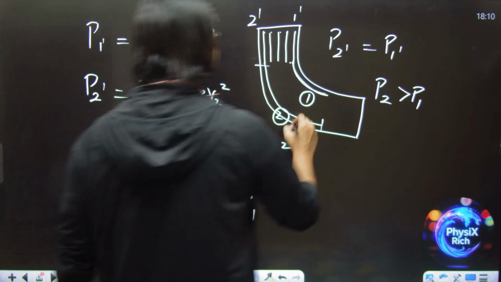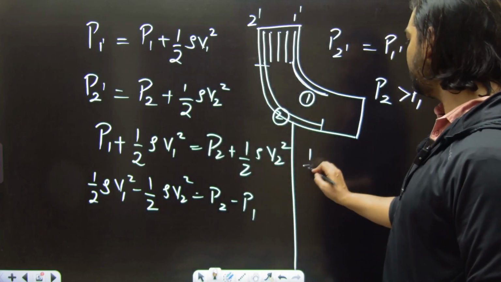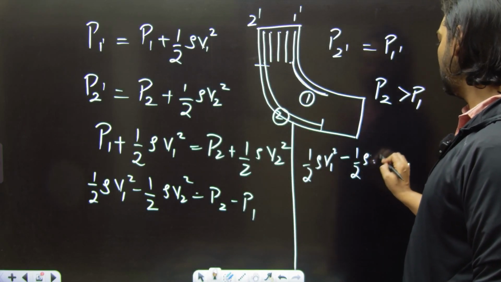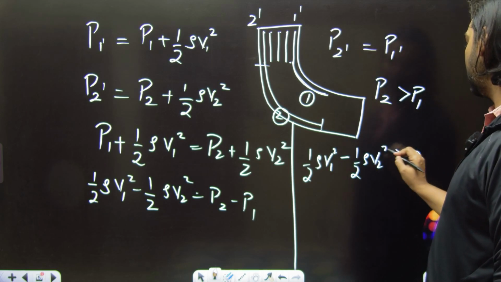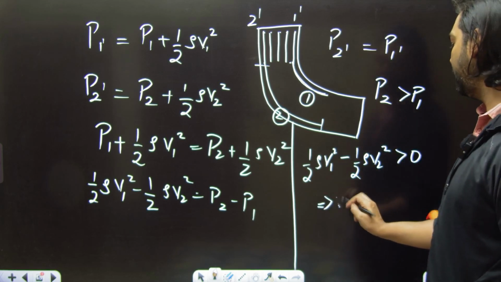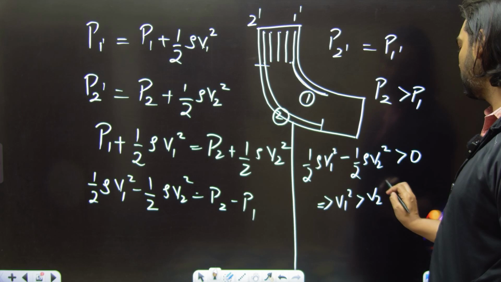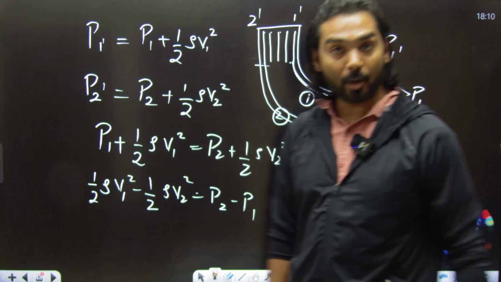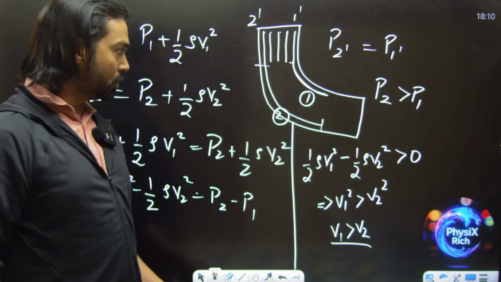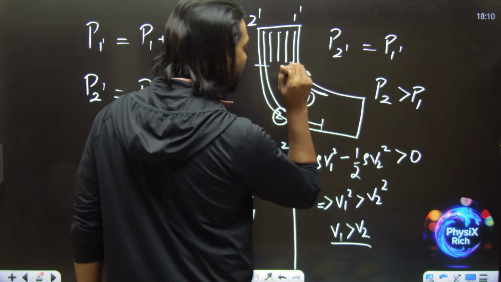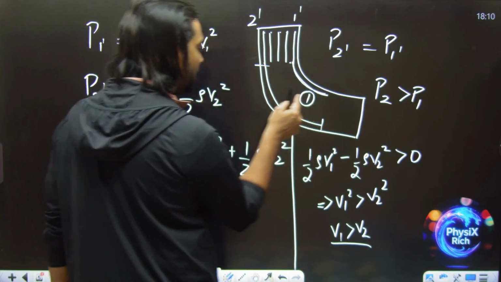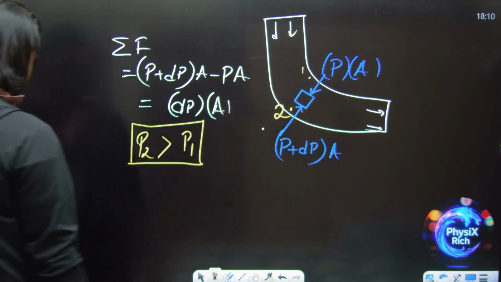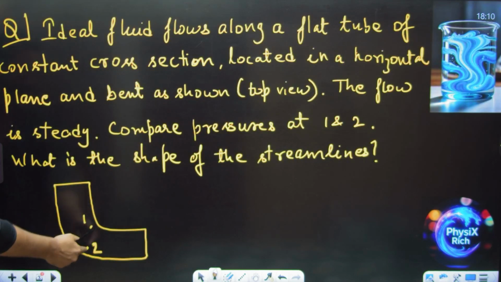And if this thing is positive, then half rho V1 square minus half rho V2 square is definitely bigger than 0, which implies that V1 square is bigger than V2 square, or V1 is simply bigger than V2, because these are all positive values. So now we clearly understand that the particles at 1 are going faster than the particles at 2. Here, the particles are going faster in this question.